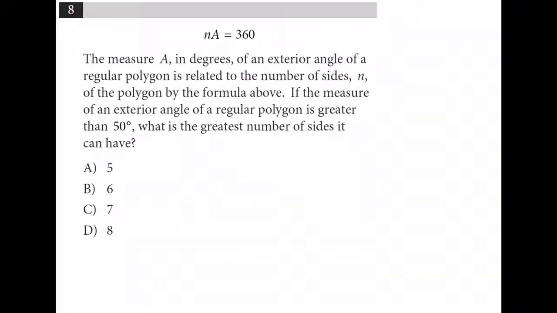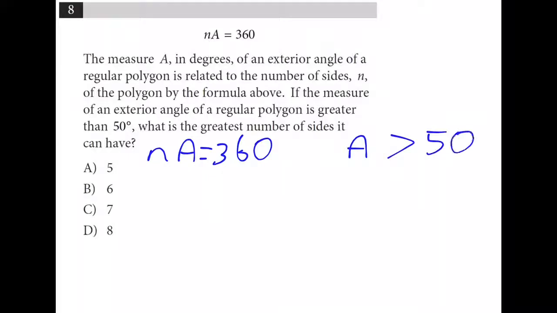There are 2 equations we can pull out of this problem. The one they give us at the top, that NA is equal to 360. And within the problem, they tell us that the angle is greater than 50 degrees. If we solve this equation on the left for A, it will be equal to whatever's on the other side, and we can substitute that in for A over here in this equation.